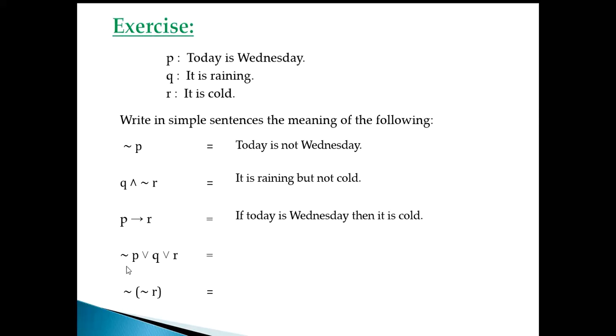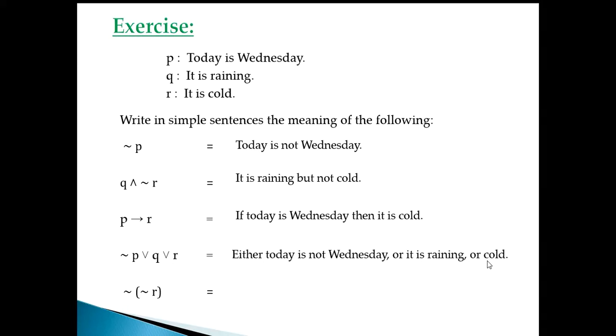Next, negation of P or Q or R. So here what do we use? Actually, here we have the or. So we can't write that negation today is not Wednesday or it is raining or cold. No, if you have two or operations like that, you have to write either today is not Wednesday or it is raining or cold.